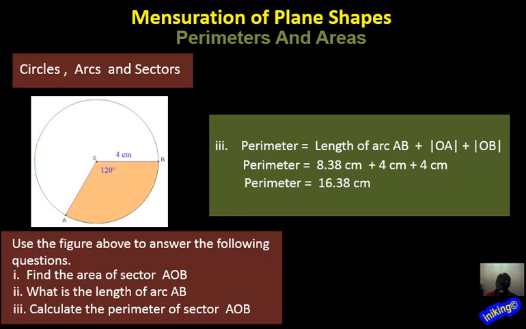And that's 8.38 centimeters, which we have calculated already, plus 4 centimeters, plus 4 centimeters. And that gives us the perimeter as 16.38 centimeters.